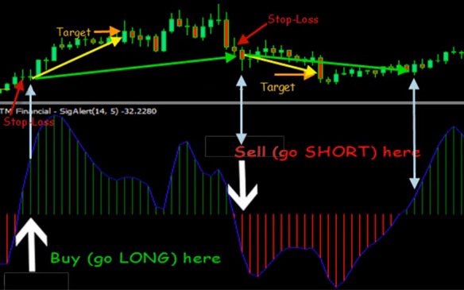The next step is to limit your benefits. This is optional, but I would do it. Each signal comes with a target price. See the orange arrows as I've drawn them here and here. Set your limit to this target price.